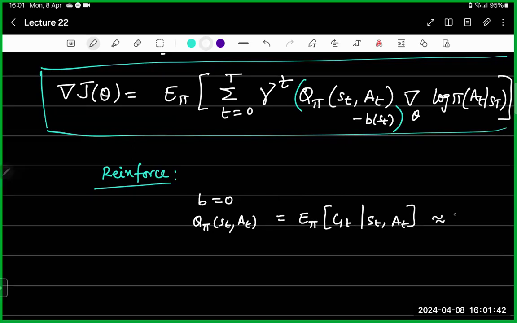So you're just taking one sample from this. Okay? So this is what is the REINFORCE algorithm. What you have to use as the gradient will be gamma to the power t, G_t, times the gradient.